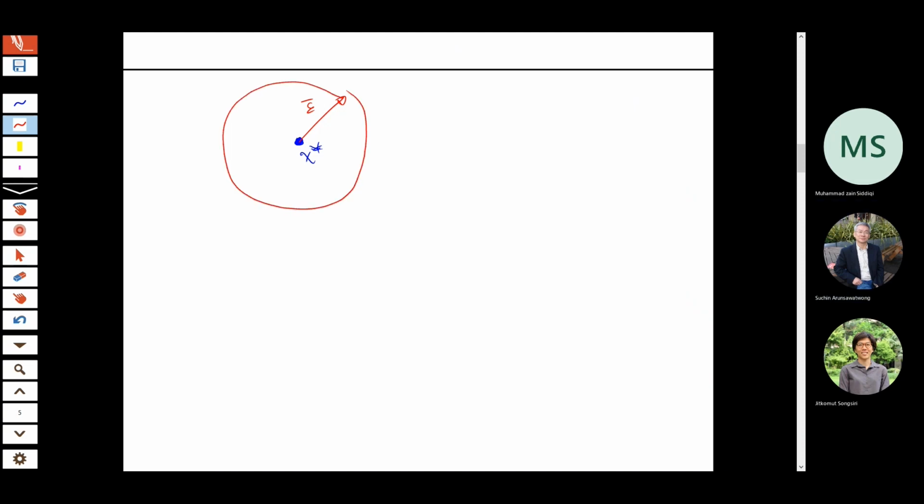So we look at the points with a small radius, epsilon bar, where epsilon bar is very small.